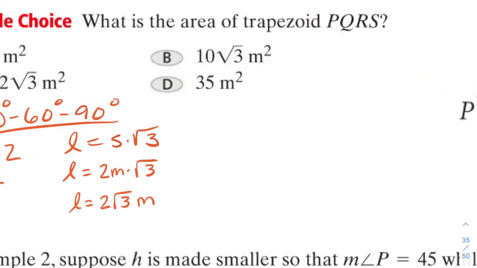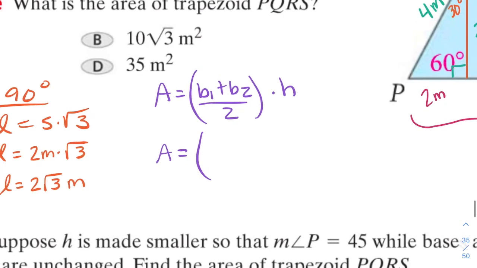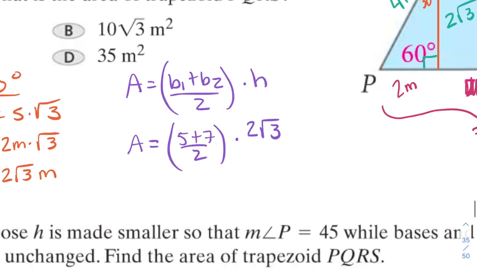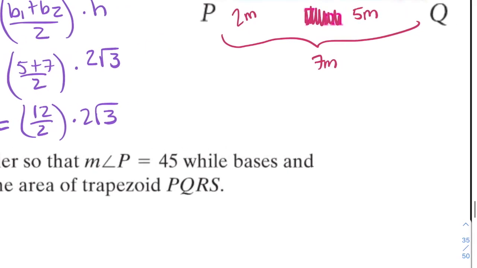So I have area is base 1 plus base 2 over 2 times height. So we get 5 plus 7 over 2 times the height, which is 2 square root of 3 meters. So we have area equals 12 over 2 times 2 square roots of 3. So area equals 6 times 2 square roots of 3.